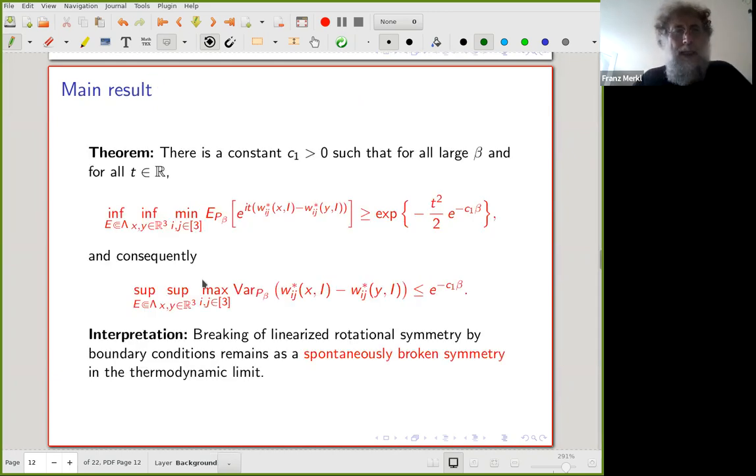Okay, now let me come to the main result of our investigation. The first thing is a property of this minimizer.